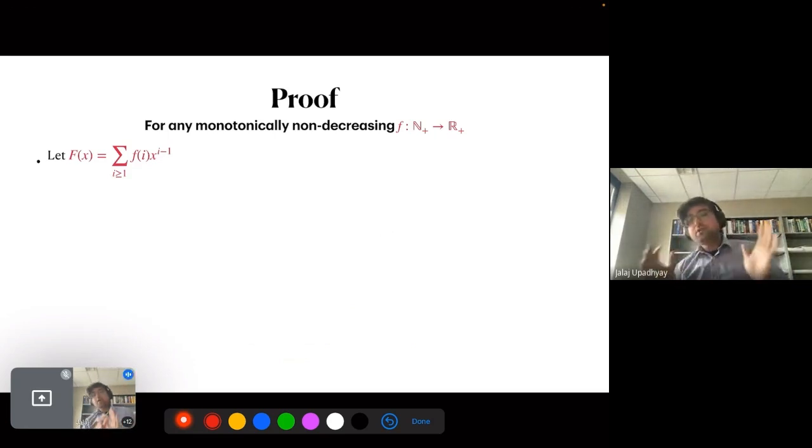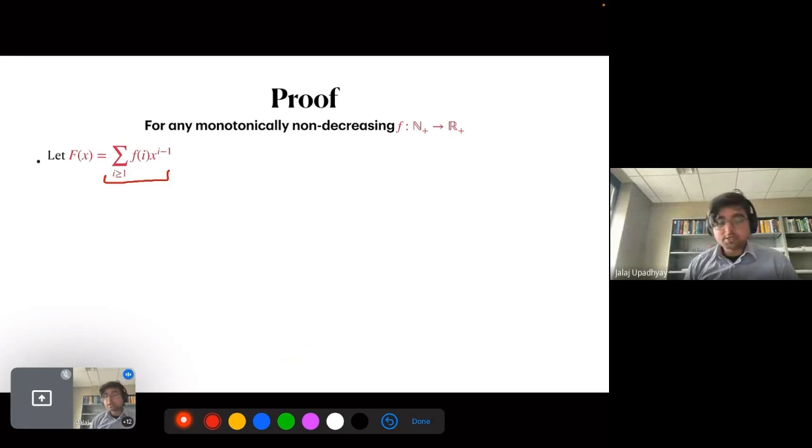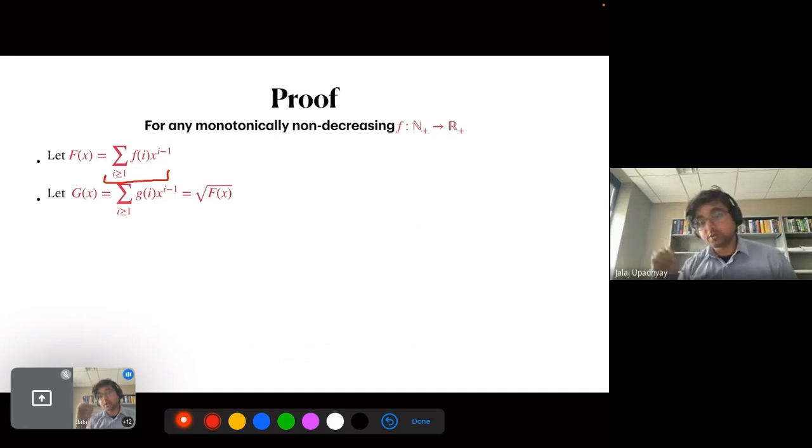So what I would do is, I have this function f. I will construct another function which has this variable x, an infinite degree function. And now what I am concerned with is what would be the polynomial if I take the square root of this function. Now, why am I doing that?